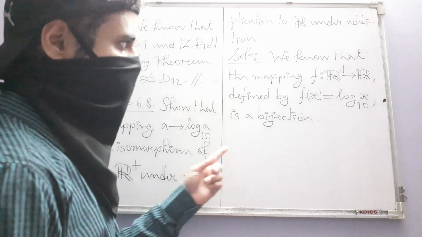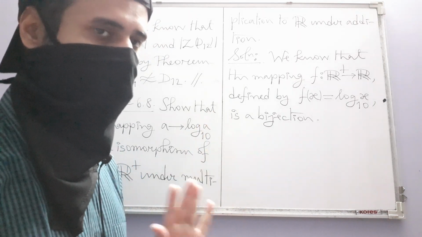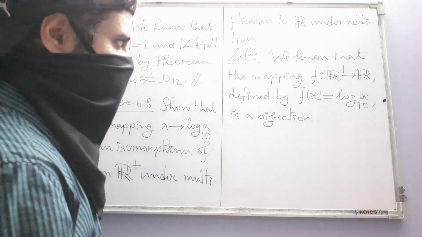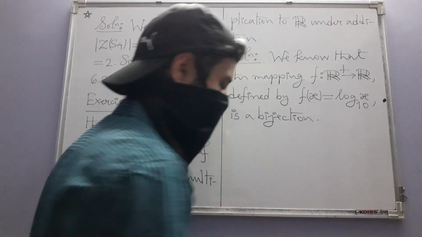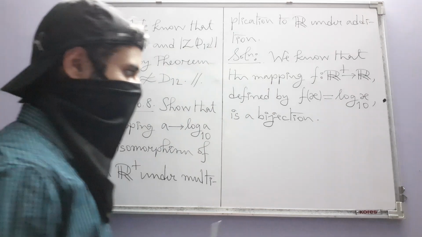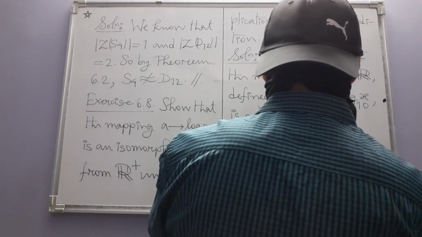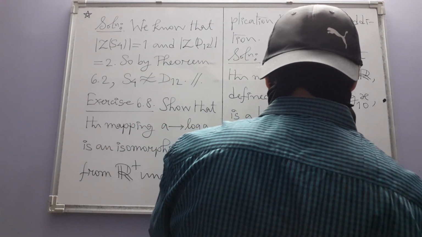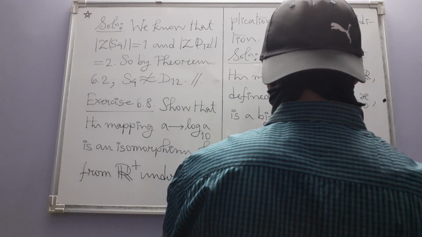In calculus itself, we come across this fact that this map is a bijection. In fact, if you want to see how the graph of this looks, it is roughly like this.